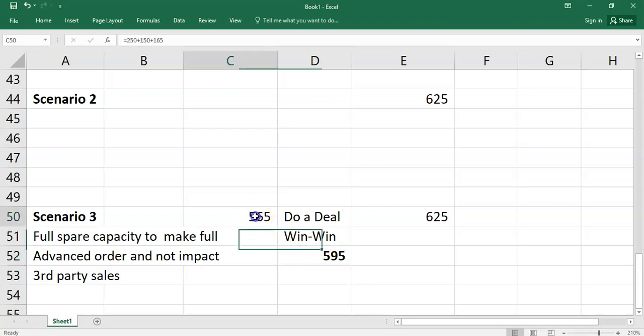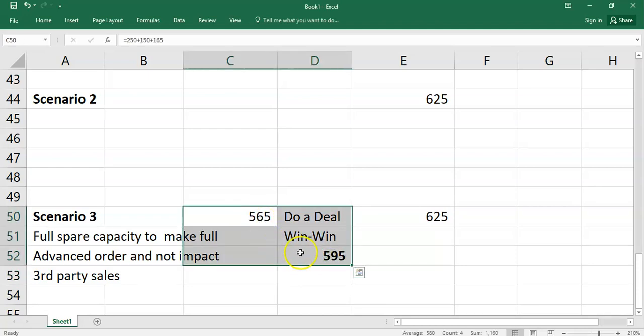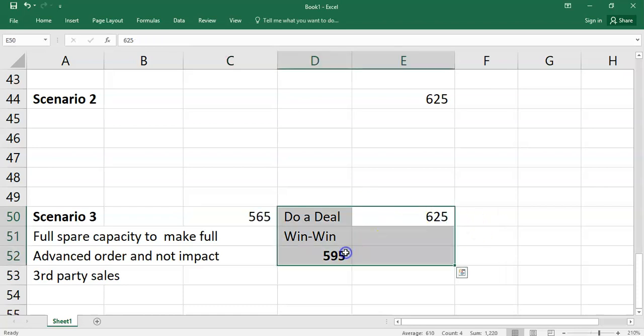Well, that means Basic are now selling each unit at €30 contribution, i.e. the price above their variable cost. So they're making €30 contribution on 12,000 units of volume that they were never going to use anyway. So they've won. They have extra money than they would have if nothing happened. Likewise for Advanced, they're buying €30 cheaper than they could buy from a third party. So they're winning as well.